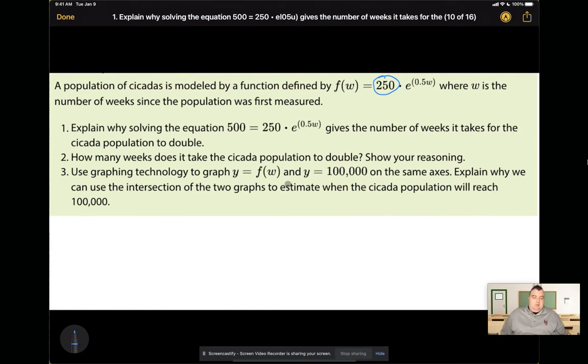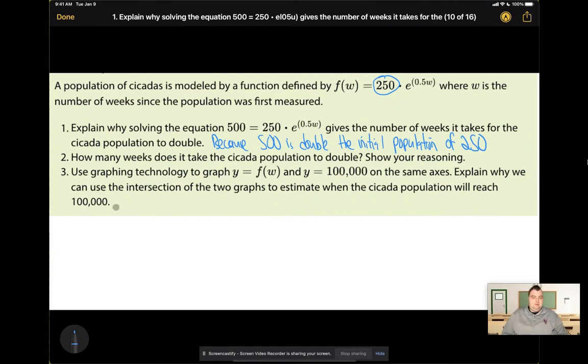So explain why solving that equation gives the number of weeks it takes for the cicada population to double: because 500 is double the initial population of 250.